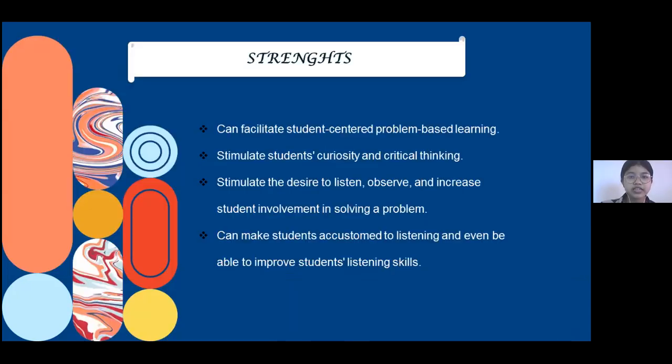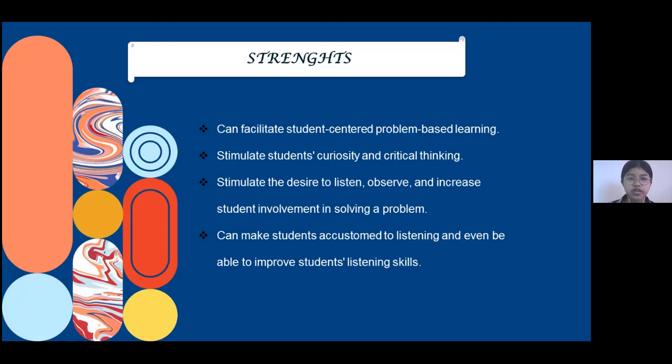So as you can see in the slide, there are some strengths of this implementation, this strategy. The first one is that it can facilitate student-centered problem-based learning. As we know, in this learning strategy, students will be required to be more active and the teacher is only a facilitator.